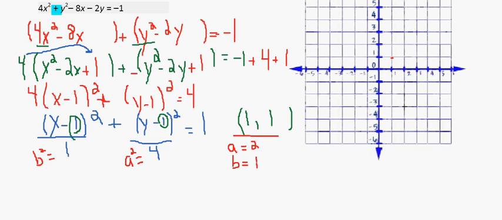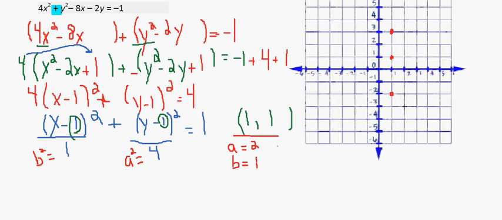So I'm going over here to my graph, and I'm putting a point at (1, 1). This a is how far I go out on my y-axis. So from that center, not from the origin, this is our new center, I go up to (1, 3), and then I go down to (1, -1).